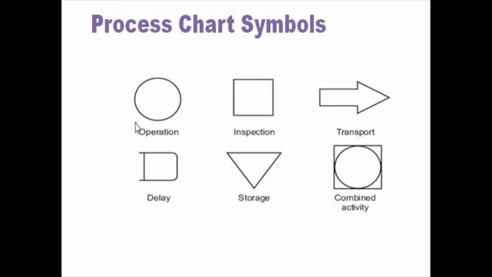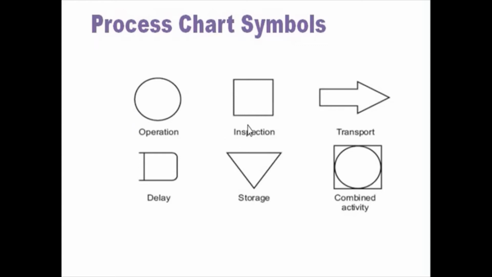Operation takes place when there is a change in the physical or chemical characteristic of an object. The operation or activity may be assembling a nut and bolt, disassembly of a particular job, or calculation or planning. Any type of activity or operation is symbolically represented by this circle.